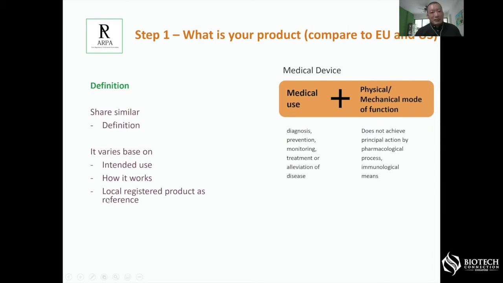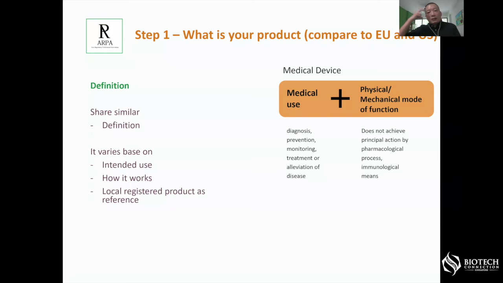sometimes for many other reasons, historical or social, you also need to check what the locally registered product is. They need to take that as a reference. For example, color contact lens.